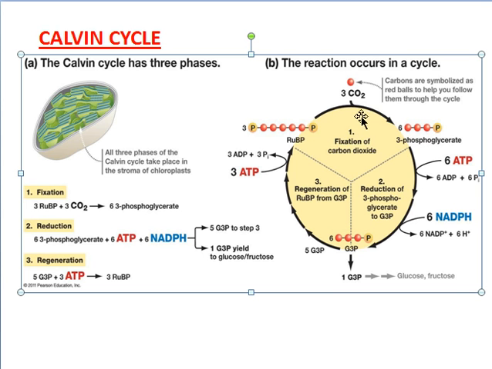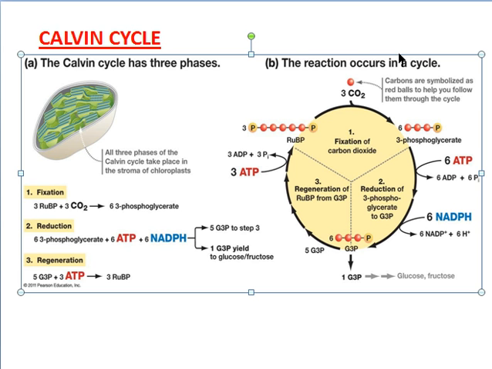So each time a molecule of carbon dioxide enters this cycle, 1 atom of carbon enters the glucose. So in order to form 1 complete molecule of glucose, you have to turn this cycle 6 times, or 6 times the carbon dioxide has to enter the reaction so that a molecule of glucose or fructose can be formed, right?